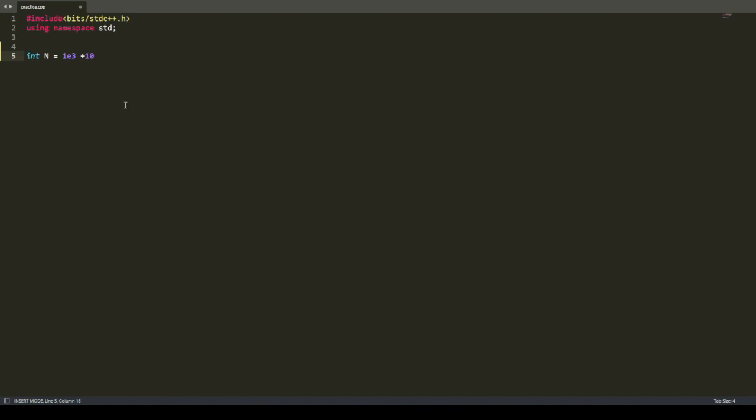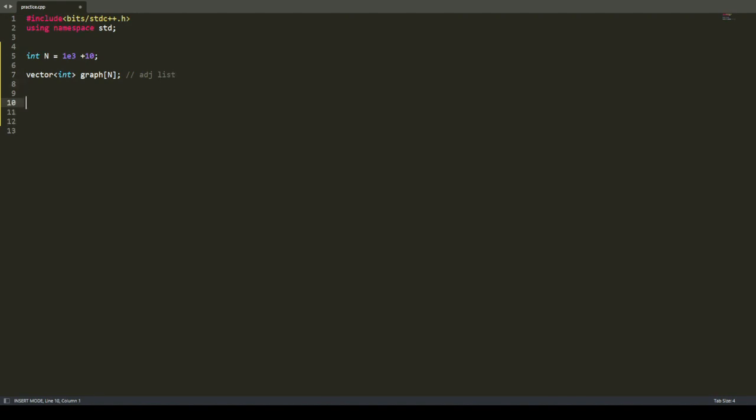After that, we declare our vector, a vector array, and this is our graph of size n. Simple. So this is our adjacency list, adj list.